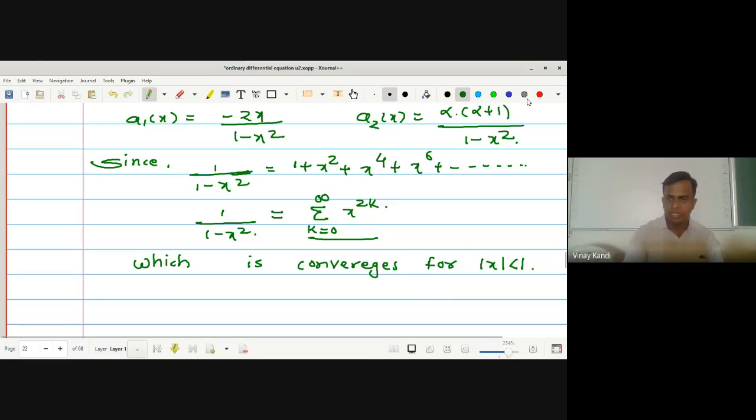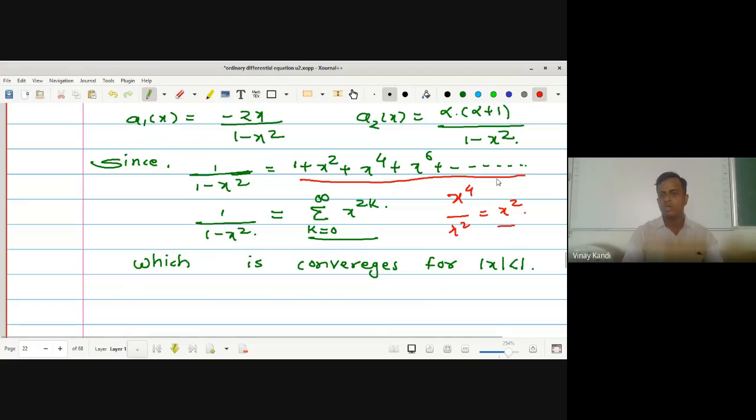Is the given series a geometric series? First term, constant term 1. What is the ratio of two successive terms? x raised to 4 upon x square is equal to x square. The ratio of successive terms is x square, a constant ratio. x raised to 6 upon x raised to 4 is also x square.